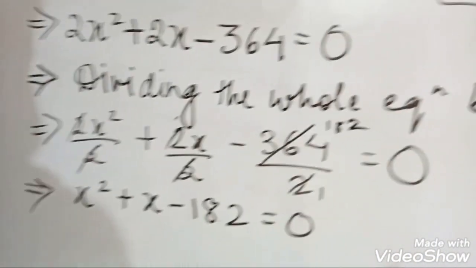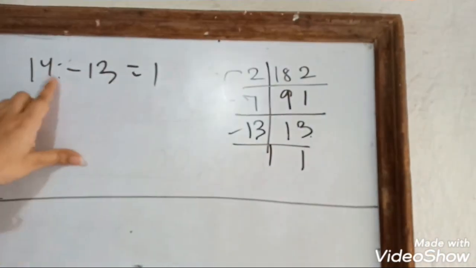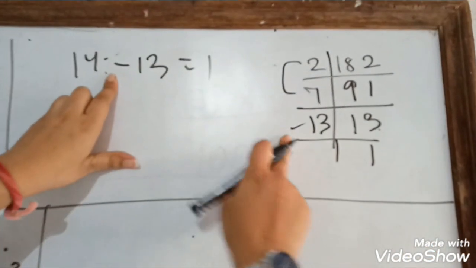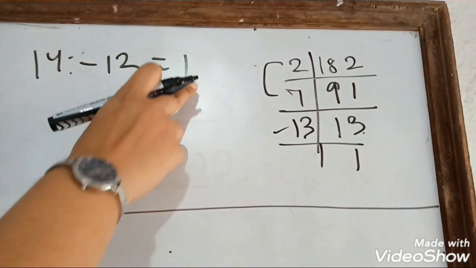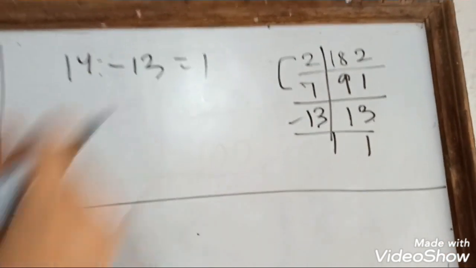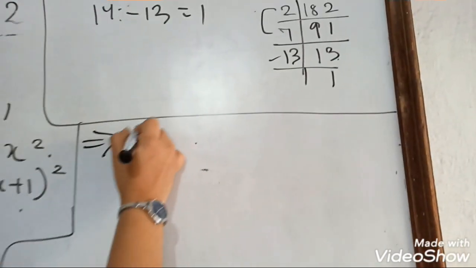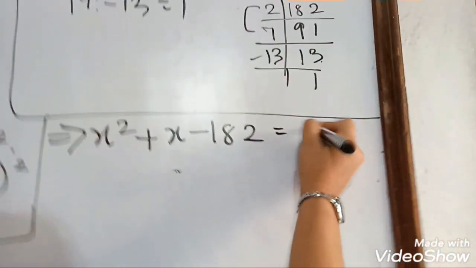That means the coefficient of x is 1. So we will take 14 and subtract 13 from it to get the coefficient of x. So we are getting 14 minus 13 equals to 1. So our equation is x squared plus x minus 182 equals to 0.